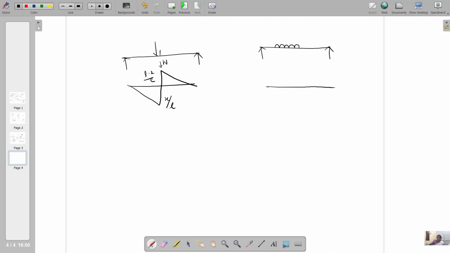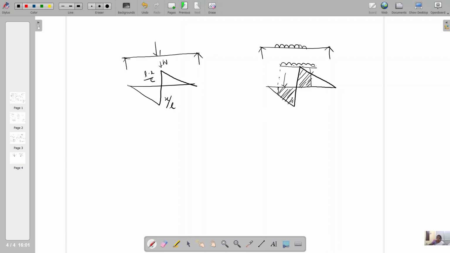When you apply a UDL over the span, and you get some shear force variation like this, you have to superimpose the loading diagram over the shear force variation, so that this portion will lie on the negative diagram and this portion will lie on the positive diagram, and you mark the underlying area of RB and here the underlying area of RA. So this area will be a trapezoidal variation. Here also you get some trapezoidal variation.